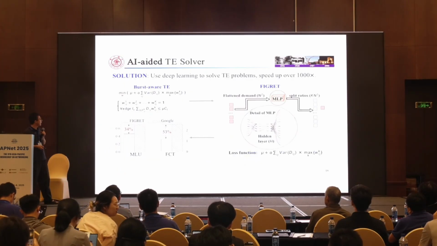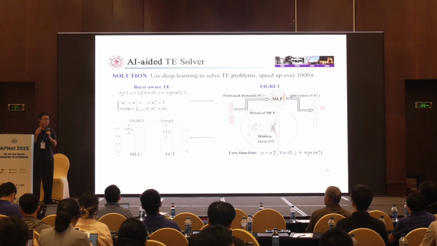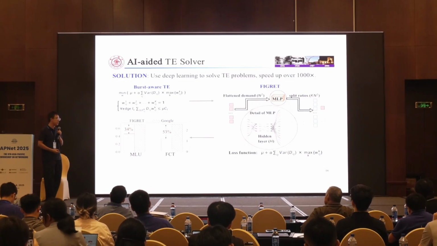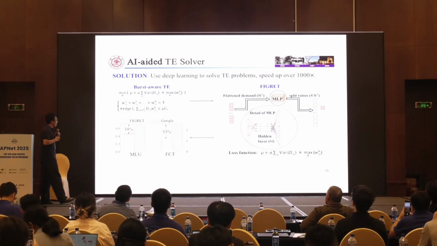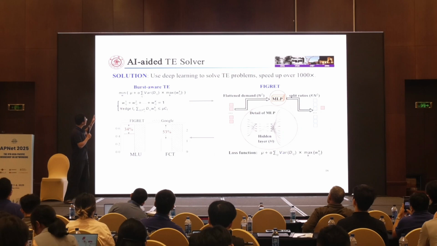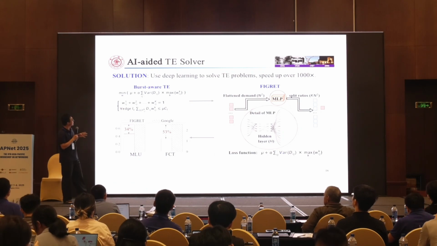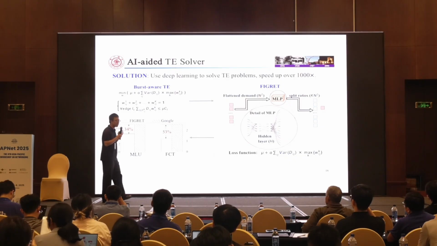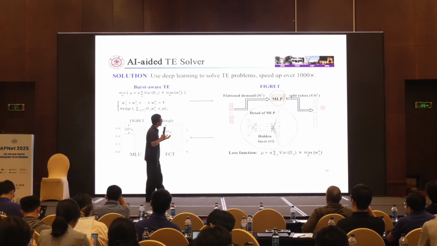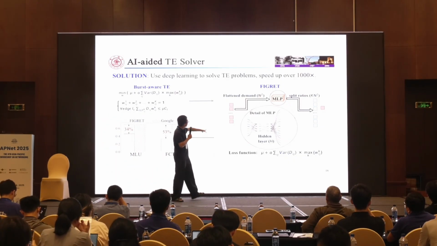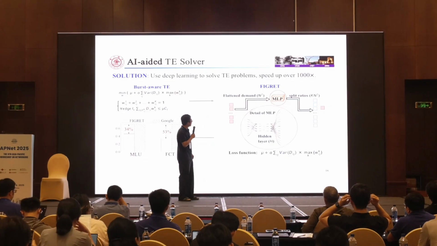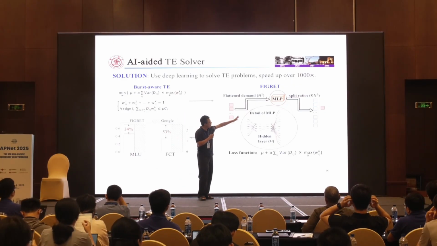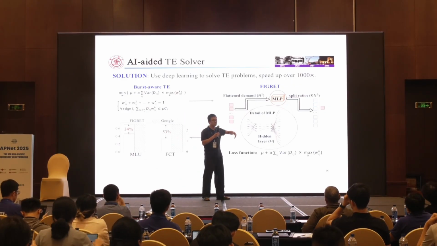Next, we study how to reduce the complexity of this TE problem. Thanks to deep learning, we just use a very simple neural network. The input is a traffic matrix and the output is just the routing weights.